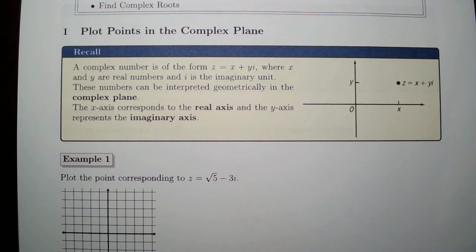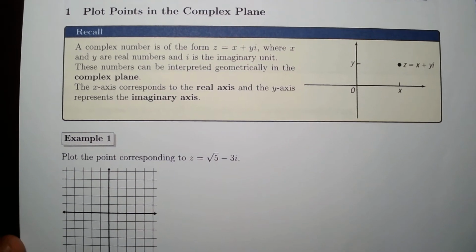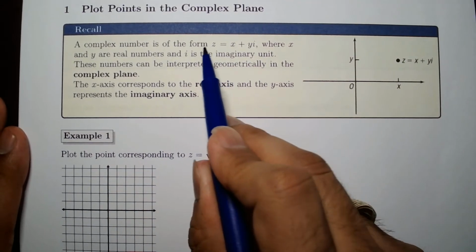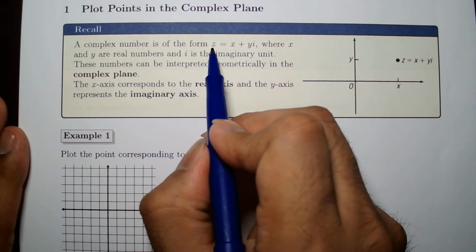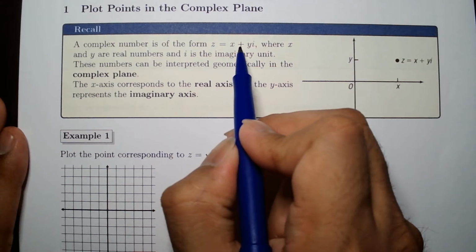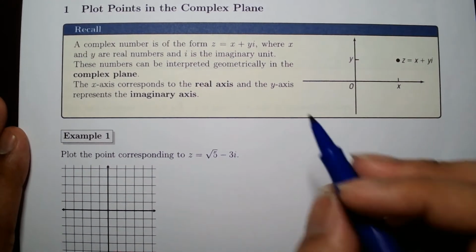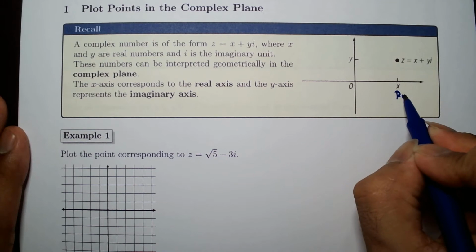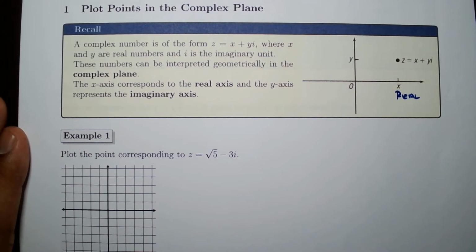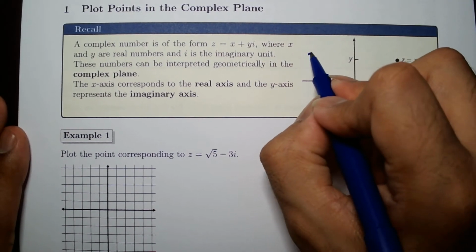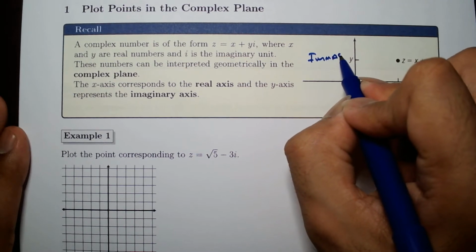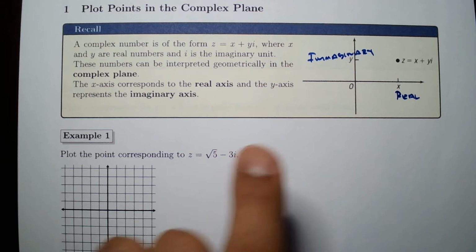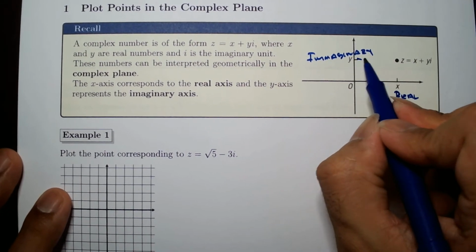Alright, so what are we going to do in this case? Well, a complex number has this form z equals x plus yi, in which the real part corresponds to the x-axis and the imaginary part of the complex number corresponds to the y direction.